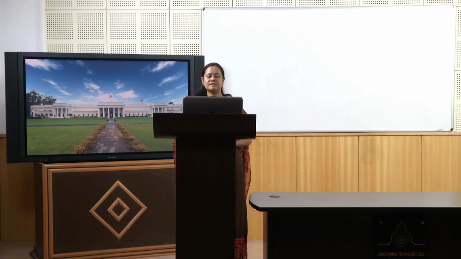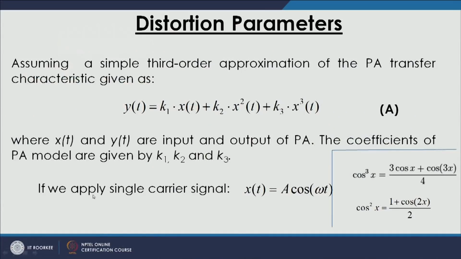So let us see one example when we are applying a single carrier signal. Our x(t) is actually just a sinusoidal signal which has one amplitude A and frequency omega, and it is being applied here.